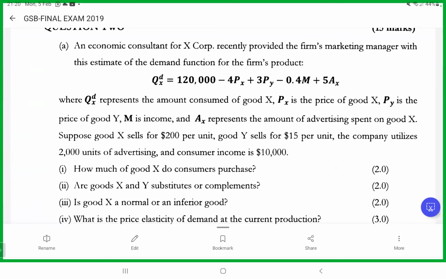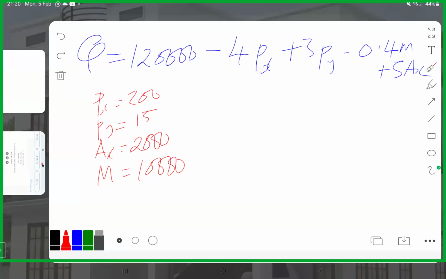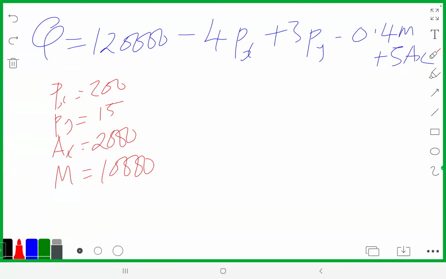So we now have almost everything that we need. So how can we find Q, right? What do you think we can do from here? Any idea? What can we do from here to find Q? I think we just replace. Okay, so we just do the substitution.